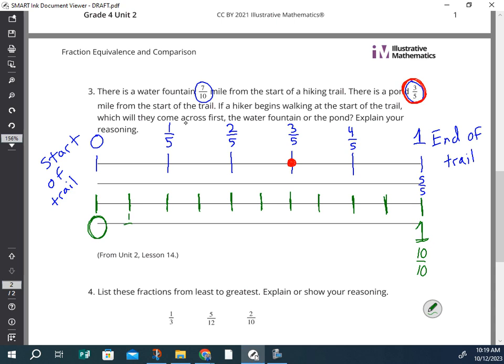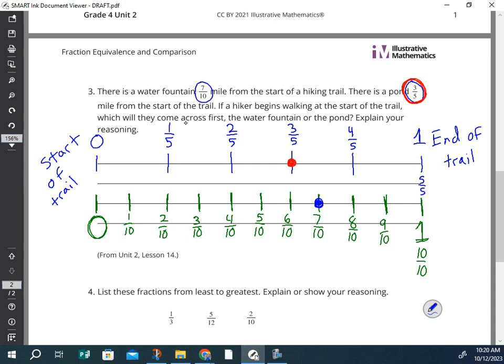So I know this is 1/10, 2/10, 3/10, 4/10, 5/10, 6/10, 7/10. Do I have to keep doing this? I can, but I already found where 7/10 is, and this is 9/10. So then 7/10 is right here.